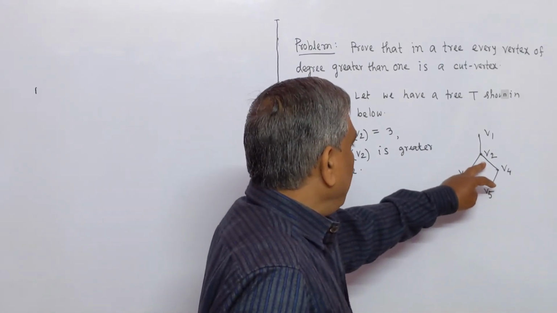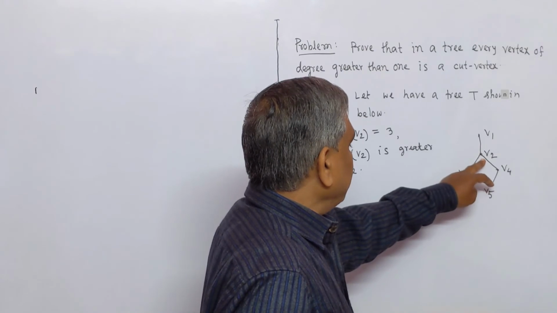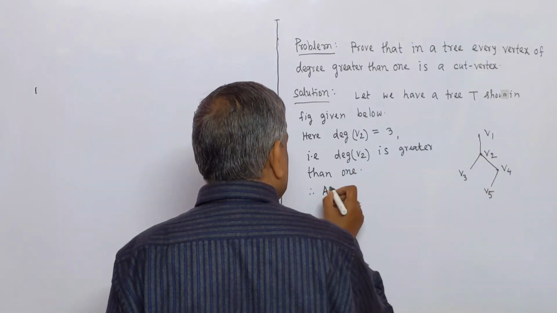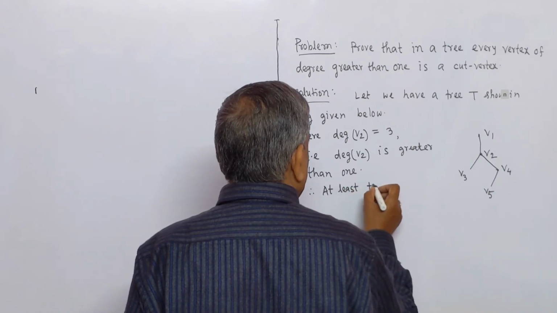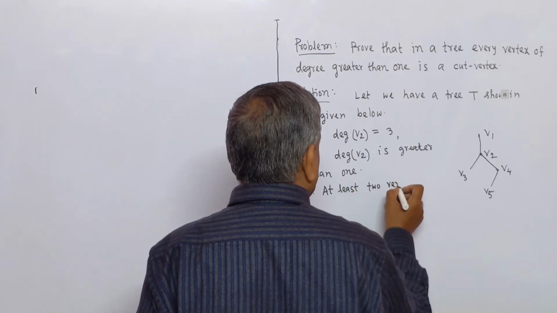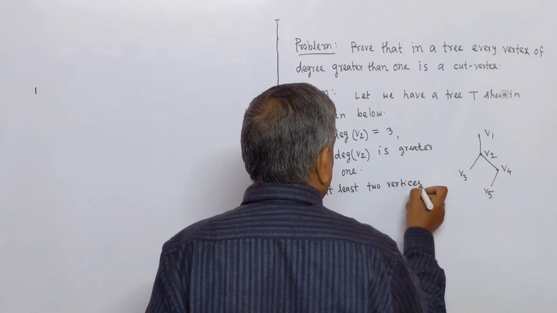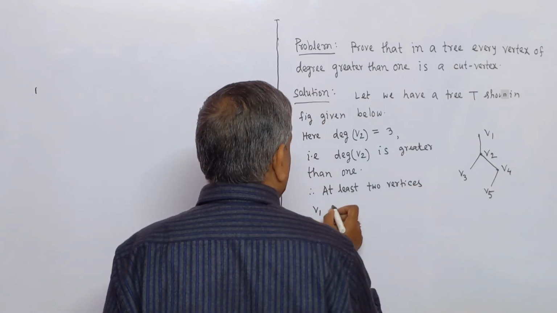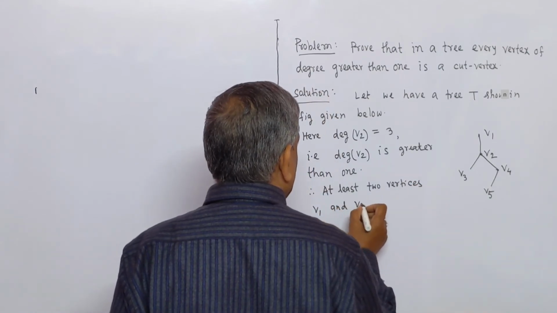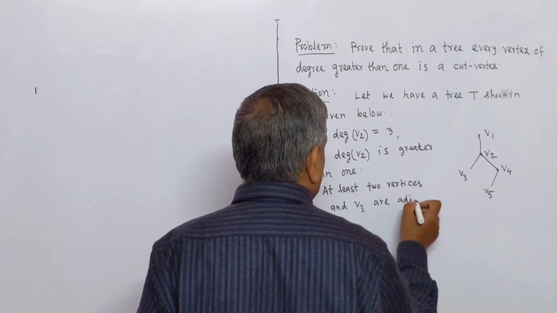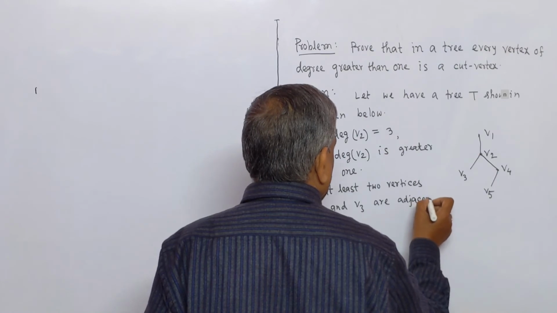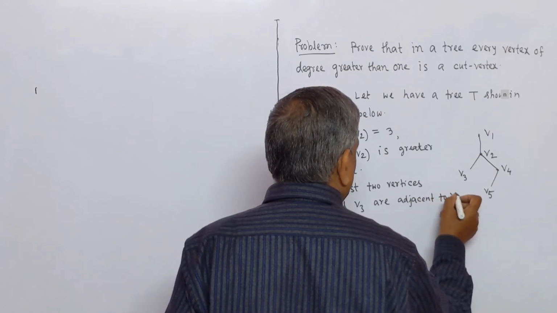Since the degree of V2 is greater than 1, therefore at least two vertices V1 and V3 are adjacent to V2.